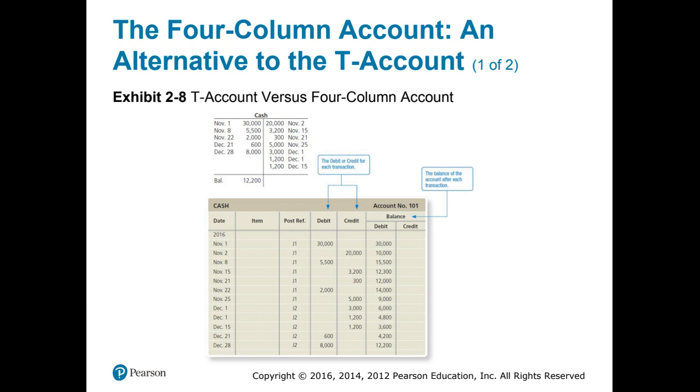Then we increased 5,500, so now our balance is 15,500. So that's how this works. We have either the debit or credit for each transaction listed here, and then the balance of the account after each transaction occurs is listed here.